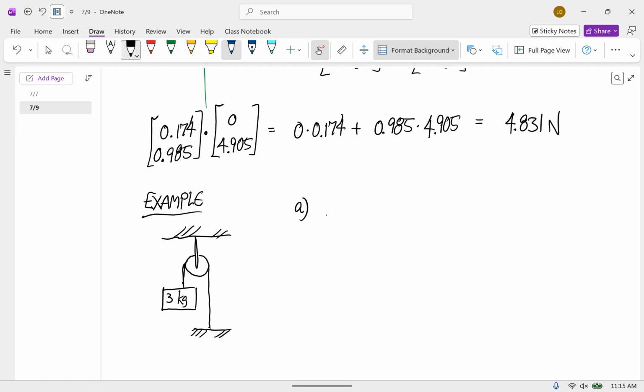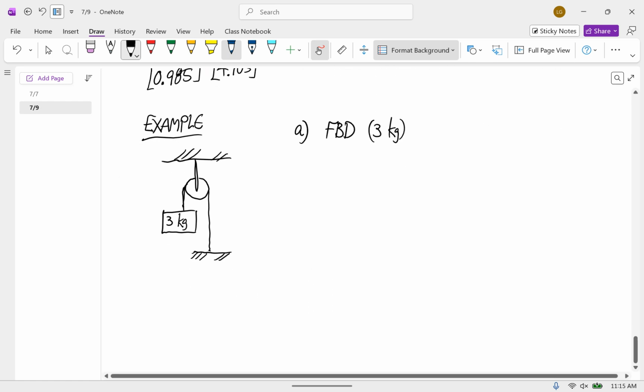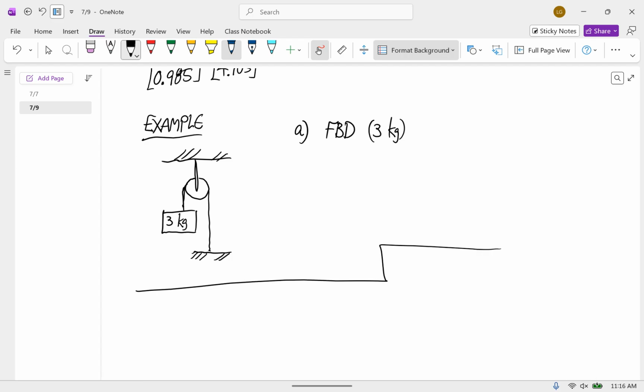So first, draw a free body diagram of the 3 kilogram. I'll give you a minute or two to draw that.